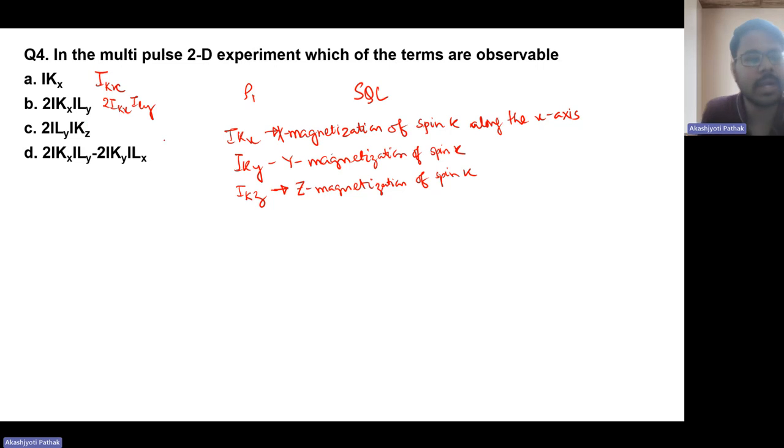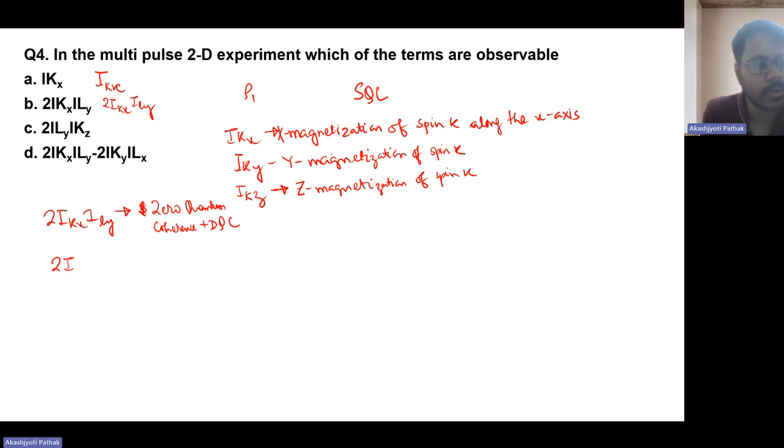The other terms that are produced, like this 2IKX ILY, this is a combination of zero quantum coherence and double quantum coherence. Okay, 2IKX ILY.